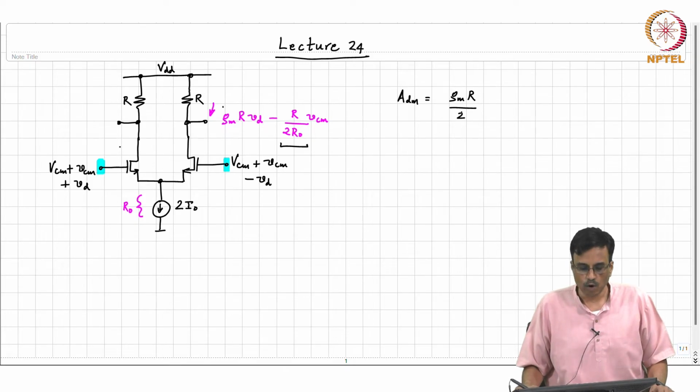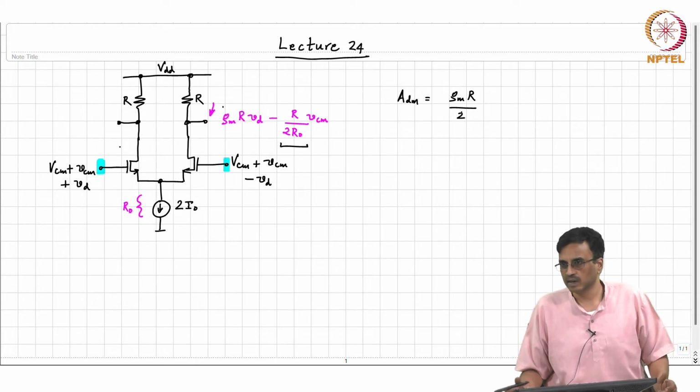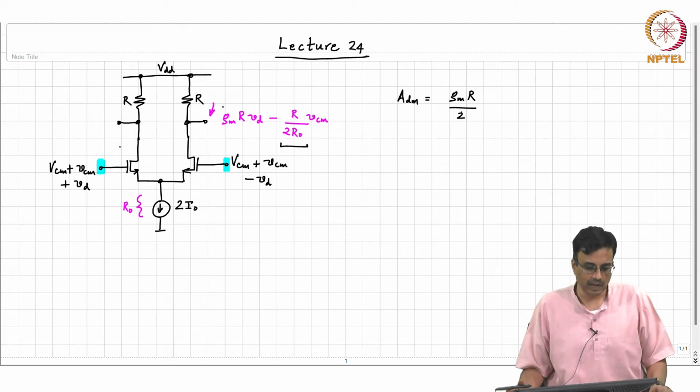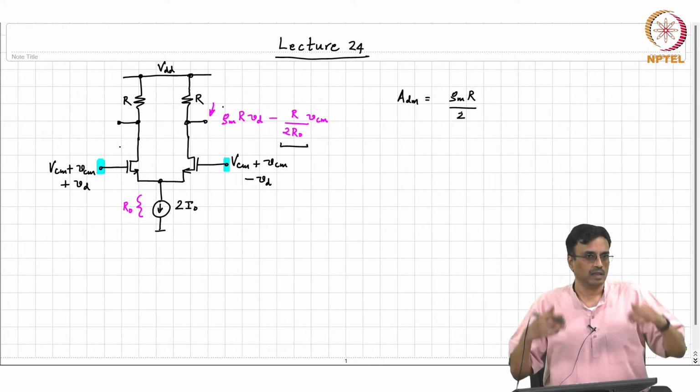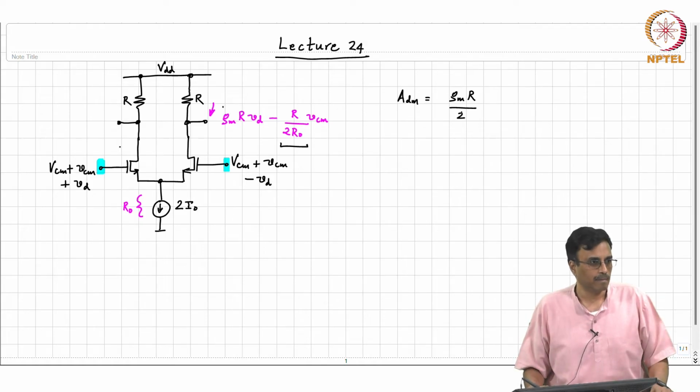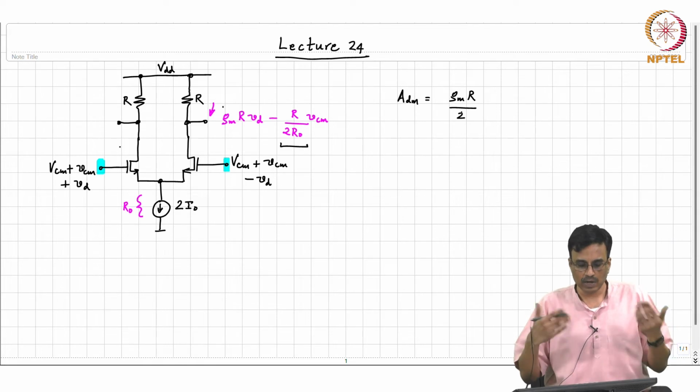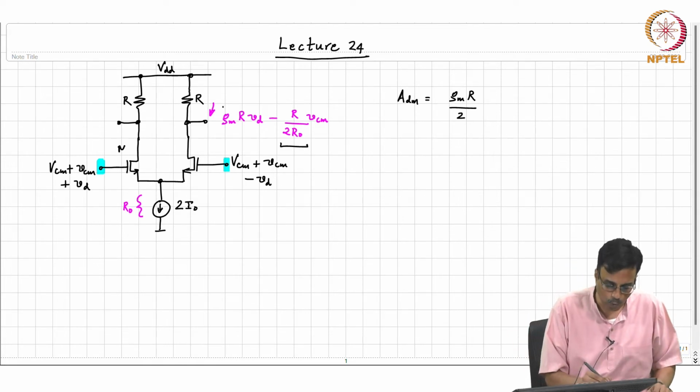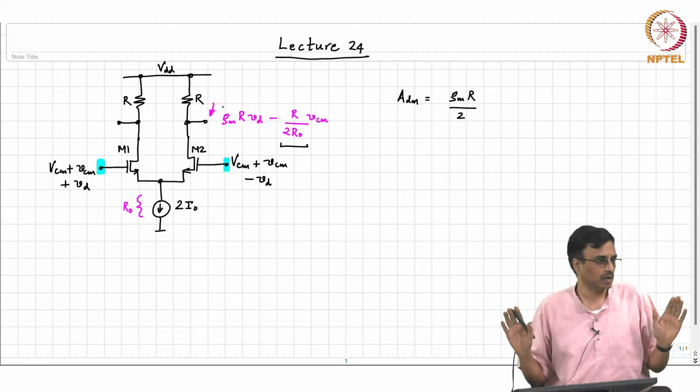And the only way to increase the differential mode gain is to increase the load resistance R, which will cause the output quiescent voltage to become lower and lower, eventually pushing the two transistors M1 and M2 into the triode region, right.